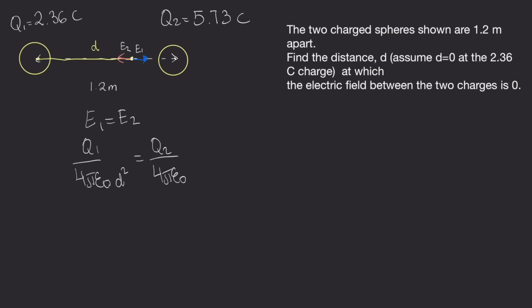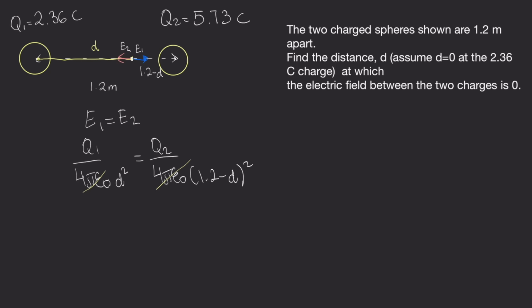Now, the distance from one of them to the center of the other is going to be 1.2 take away d. So we're going to have 1.2 take away d, and then all of this is squared. Okay, without even plugging in the numbers, I'm going to do a bit of cancellation. So 4 pi epsilon naught can go.